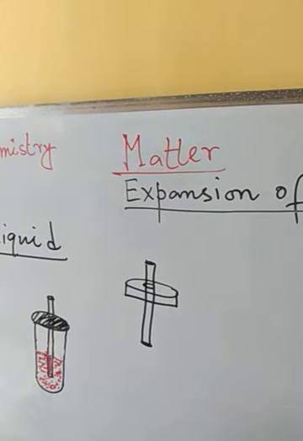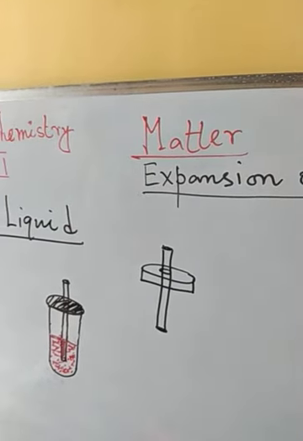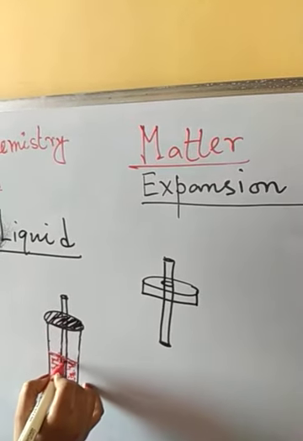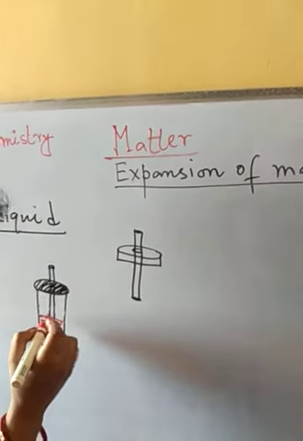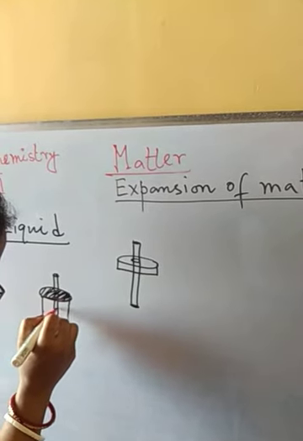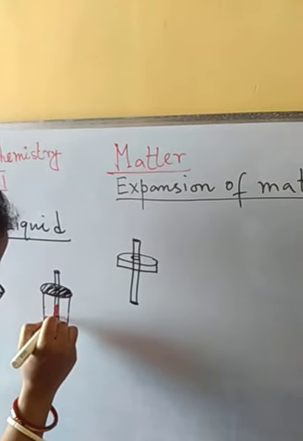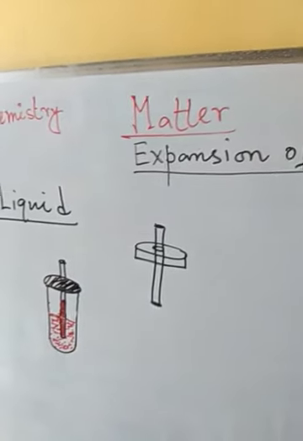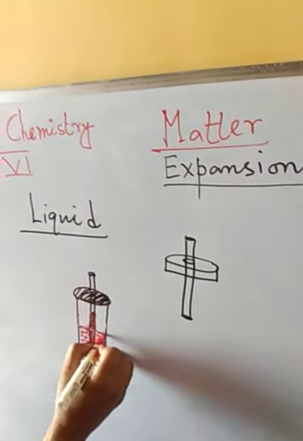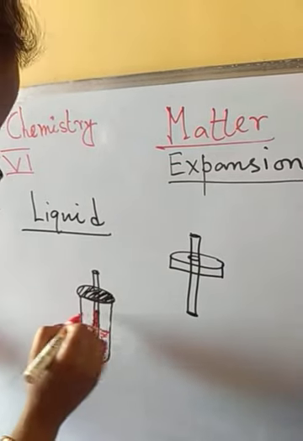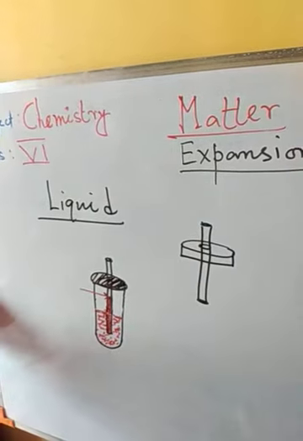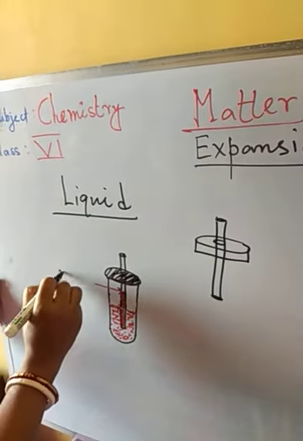After putting this, it will rise up to this, suppose. So this is the level of the liquid in the capillary, and this level of the liquid we have to mark.